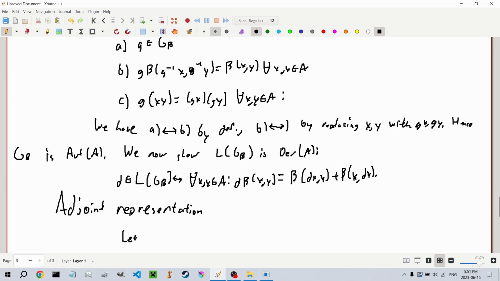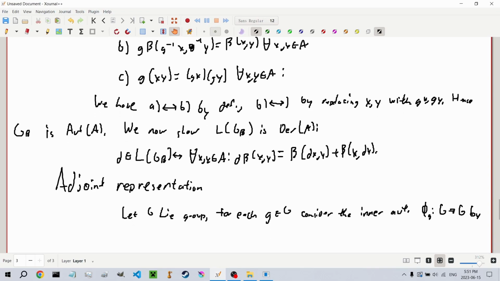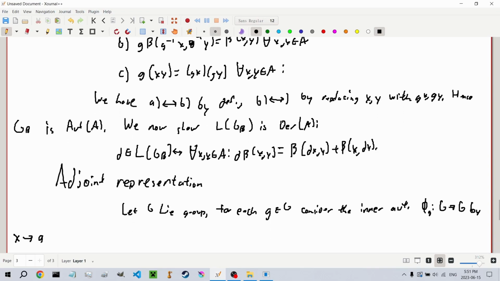So we're going to let G be a Lie group. And then for each g in G, consider the inner automorphism phi of g from G to G by setting x, just conjugating it by g. They're going to be a pain again, using multiple variables for the same meaning.